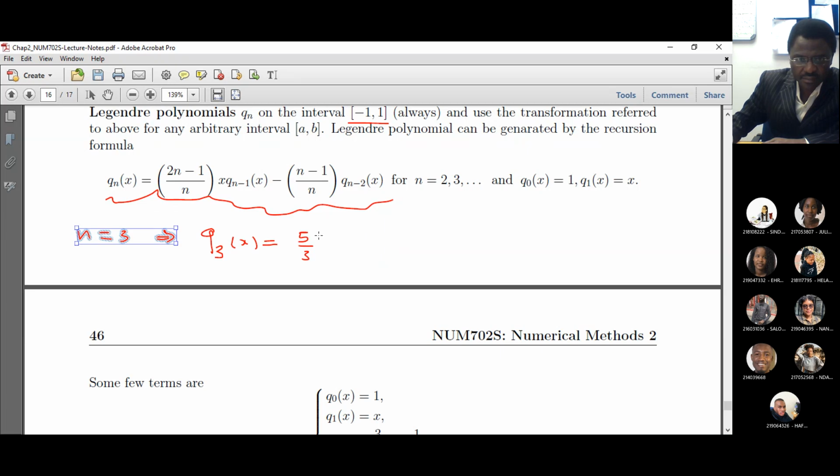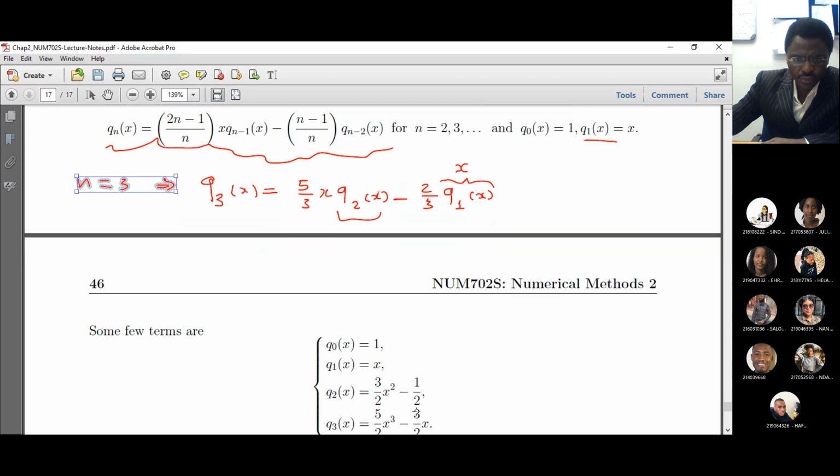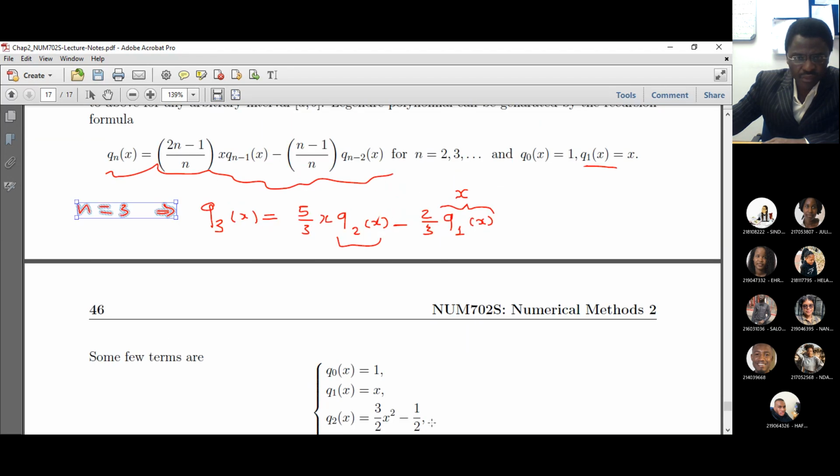And then we have x Q2 x minus 2 by 3 Q1 x. I know Q1, but I don't know Q2. So Q1 here is x. But I need to compute Q2. But already you have a Q2 here. This is Q2. Right? I assume that we did that.